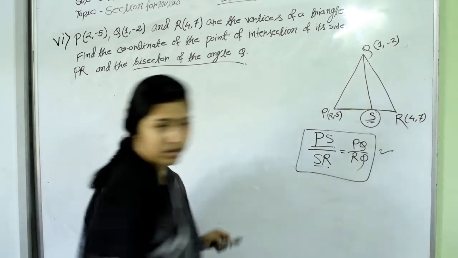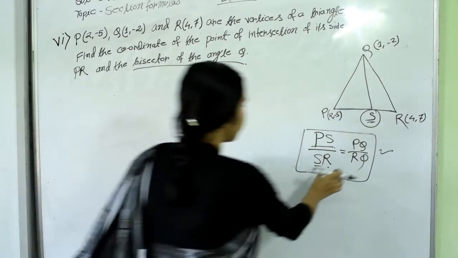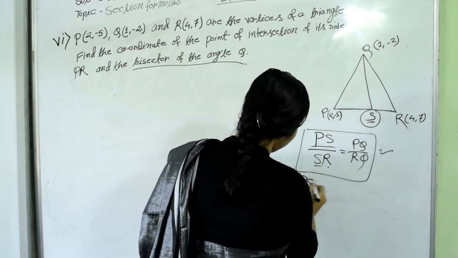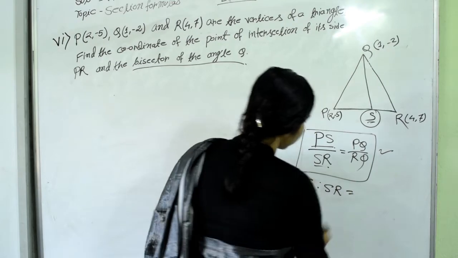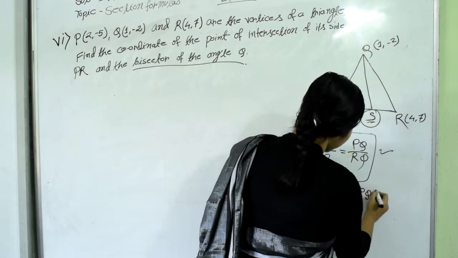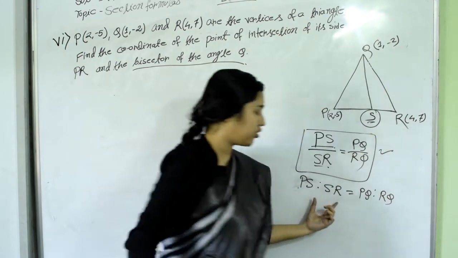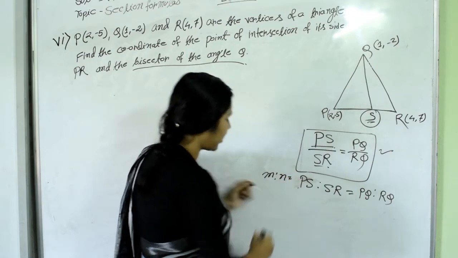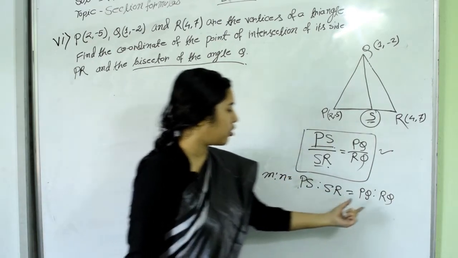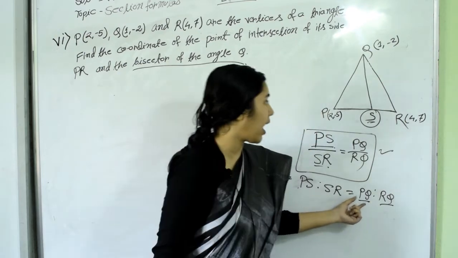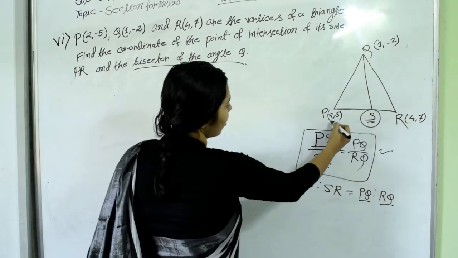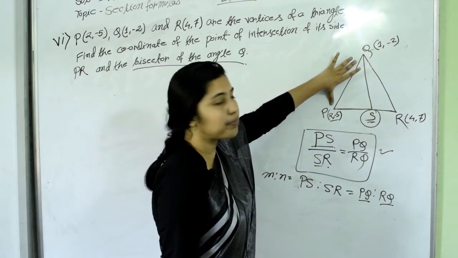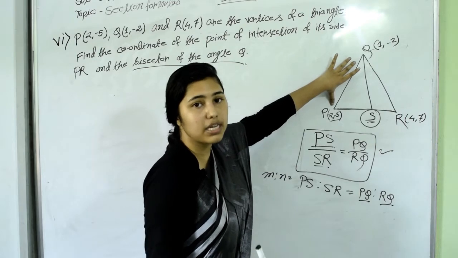So here consider this proportion, which means the line segment PS is to SR equals PQ is to RQ. We know that here PS is to SR is nothing but our ratio m is to n. So we have to find the value of PQ and RQ. Now we know the coordinates of P and Q, so we can find this line segment PQ by the distance formula.